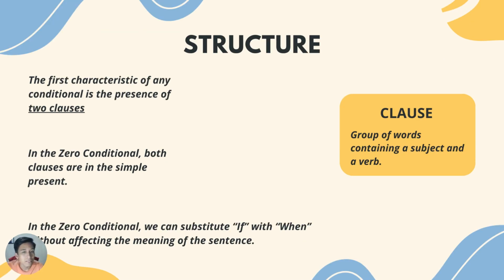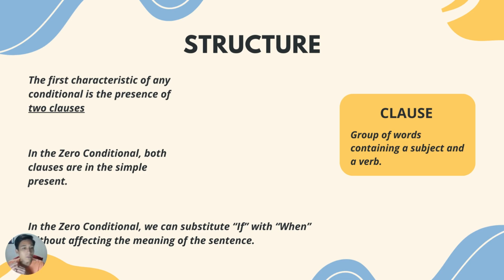Now, talking about its structure, it is really simple to understand how the zero conditional works because we only use, as I said in the beginning of the video, the simple present tense. So we work with the simple present tense in both clauses. As I said a minute ago, we always work with the if clause and the main clause.